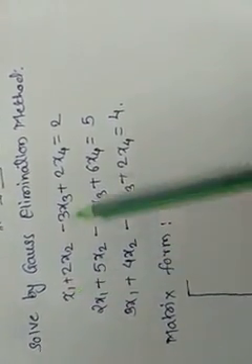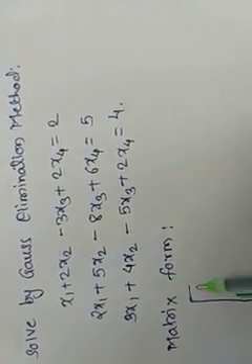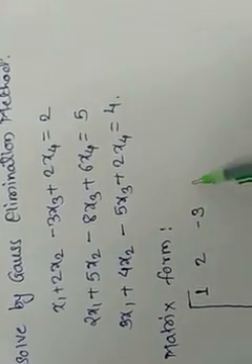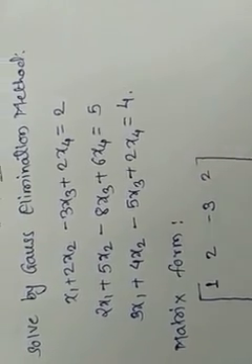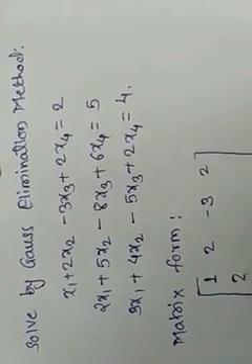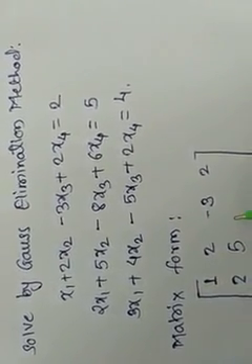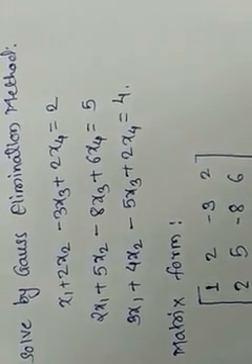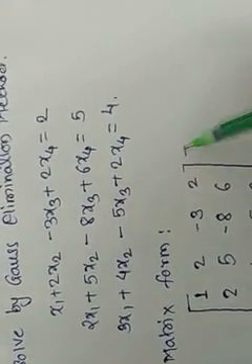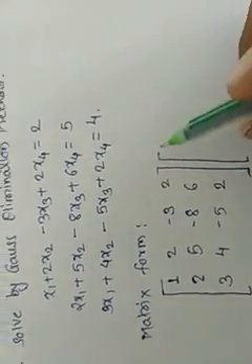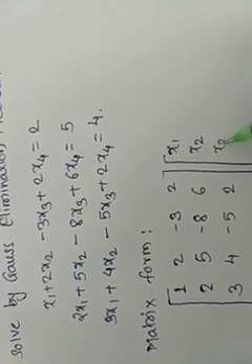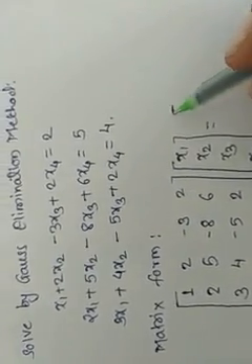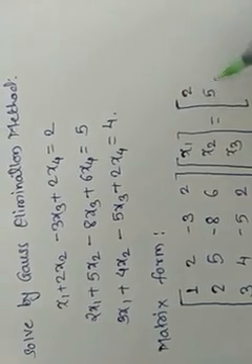From the first equation the coefficients are: x1 coefficient is 1, x2 coefficient is 2, x3 coefficient is -3, x4 coefficient is 2. From the second row, x1 coefficient is 2, x2 is 5, -8 and 6, and in the third, 3, 4, -5, 2. The variables x1, x2, x3, x4 are equal to the constant matrix 2, 5, 4.